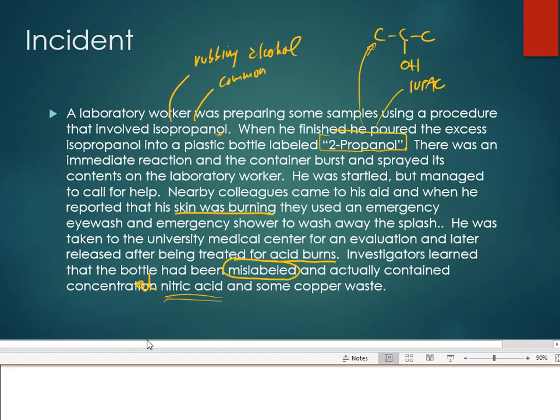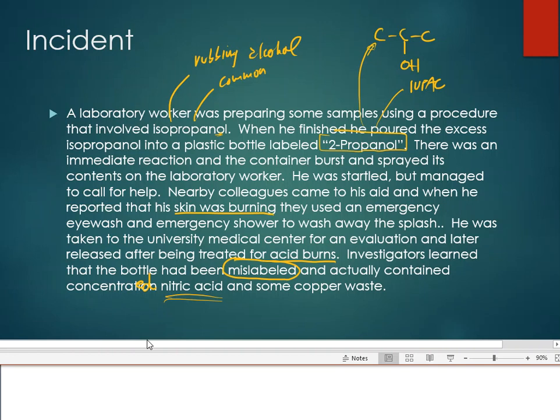So as bad as I hate to say it, you can't trust other people in the laboratory. It almost is like a common theme that I keep talking about, right? But in this case, this person trusted someone else to label the container the proper way. Now, if the container was labeled the proper way, and that should have been 2-propanol in that bottle, the problem then was he trusted other people to put the proper chemical into that bottle, and they did not.